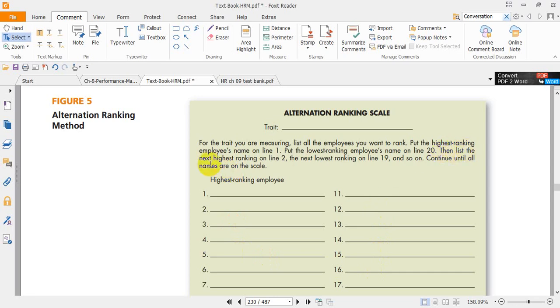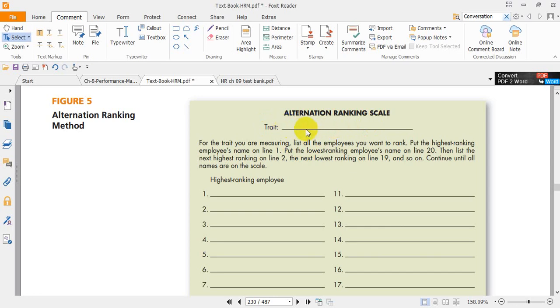Then list the next highest ranking on line 2 and the next lowest ranking on line 19, and so on. Continue until all names are on the scale. And here we need to put the trait that we are ranking our employees on the basis of. So for example, the trait is teamwork player.